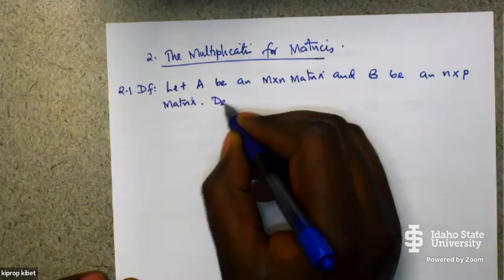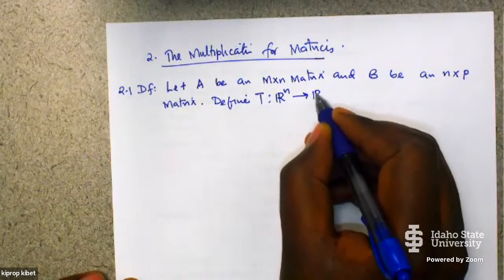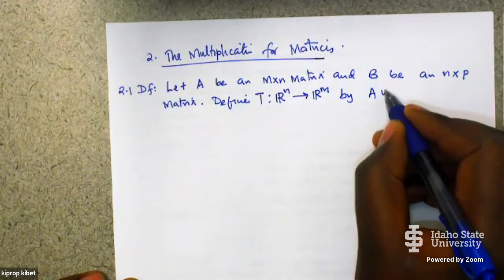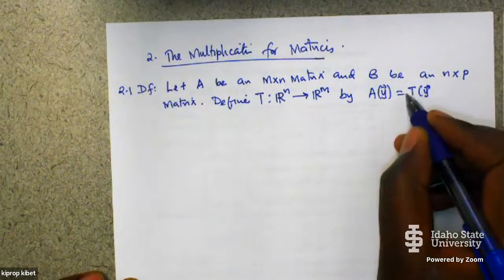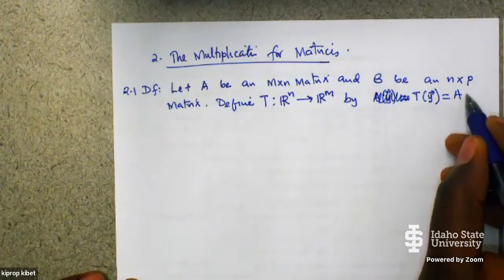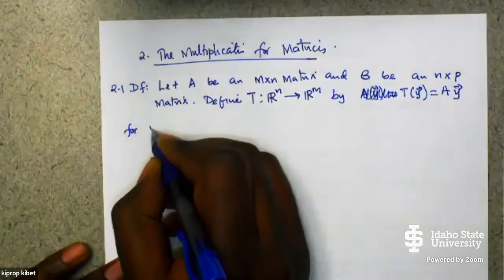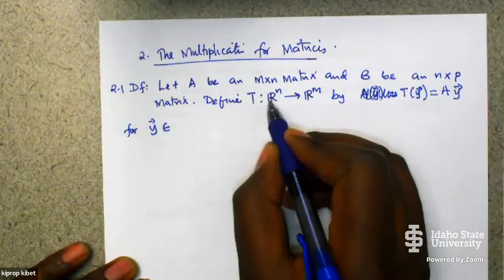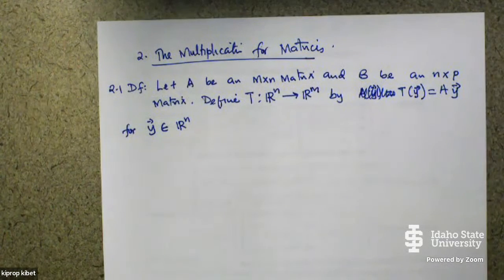We define the transformation T from Rn to Rm by Ty equals Ay, for y in Rn.